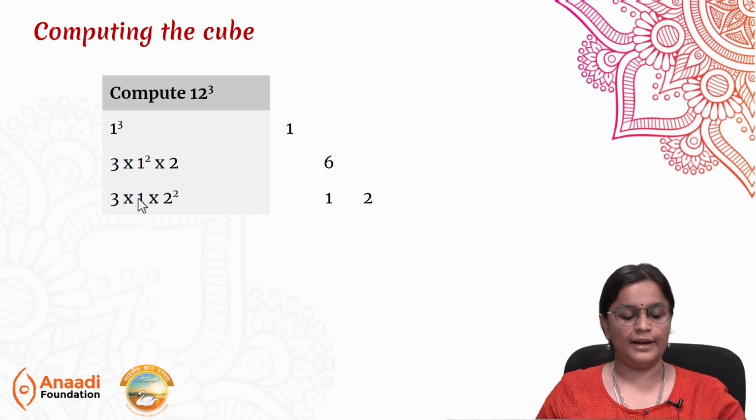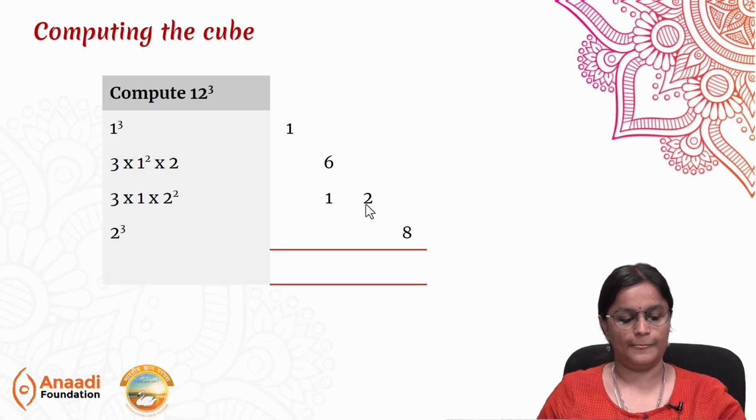Next, we will try finding 3AB square, which is 3 into 1, which is our Antya, multiplied by 2 square, which is our Adi. So 3 into 1 into 2 square gives us 12, placed this way. Finally, we find B cube, which is 2 cube, meaning 8.